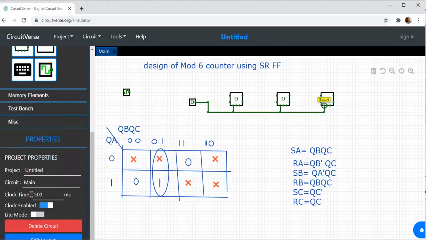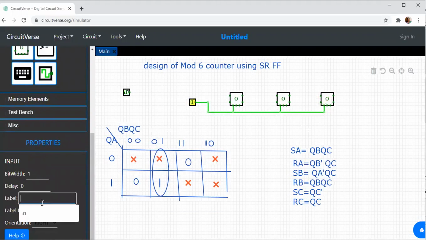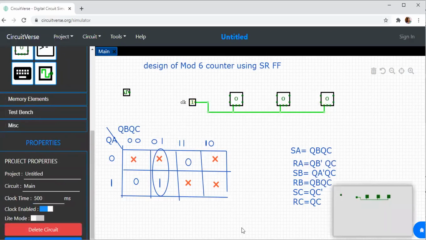Since clock is not there in the diagram, I'm using this part. Okay, I'm using it, connecting it to enable. Okay, so this we have as a clock.